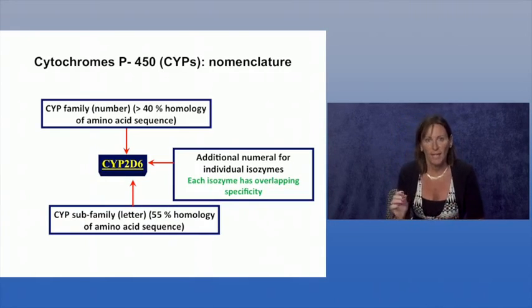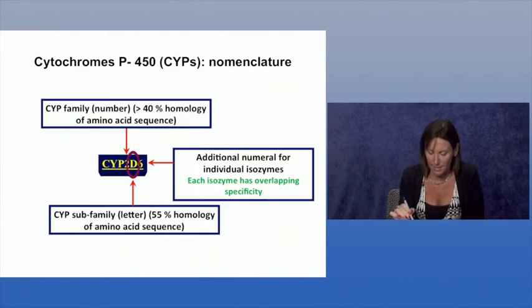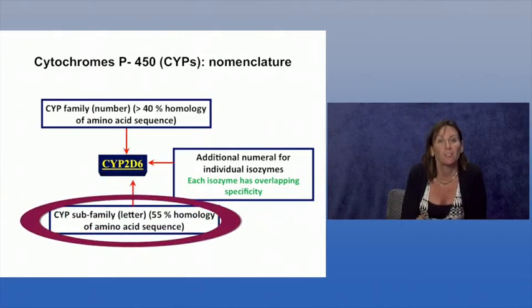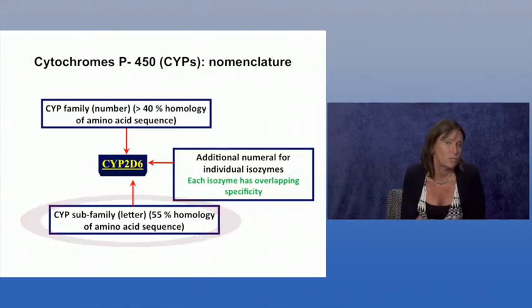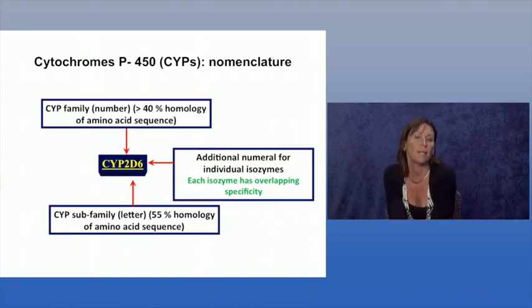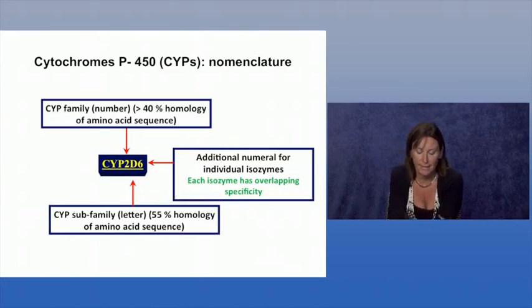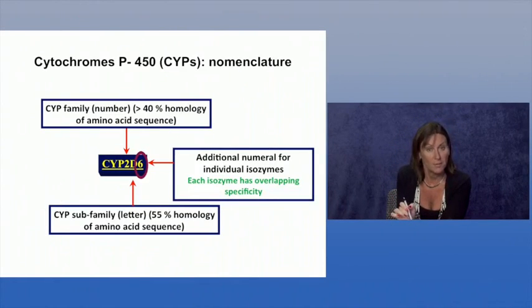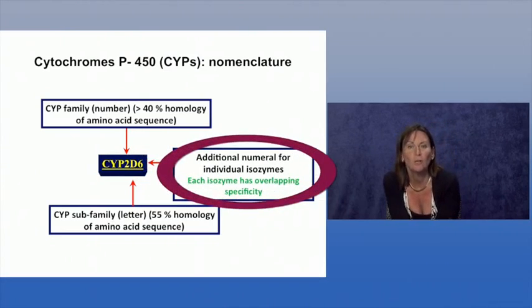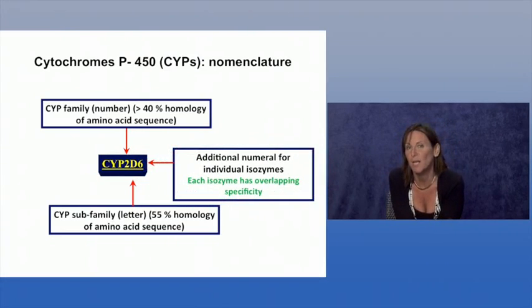Then we have a letter in here. In this case, it's D. And this is the subfamily, the letter. And this demonstrates, on average, a 55% homology of amino acid sequences to others within this family. And then finally, often, but not always, you have an additional numeral for individual isozymes.